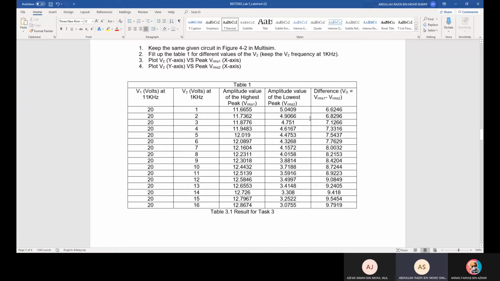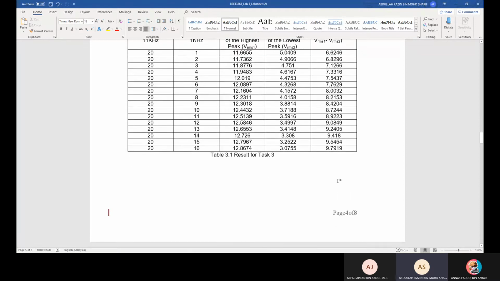As you can see, the highest peak is nearly the same at 11 until 12 VRMS, and at the lowest peak we get from 3 to 5 VRMS, and this is the difference that we get from VRMS1 minus VRMS2.